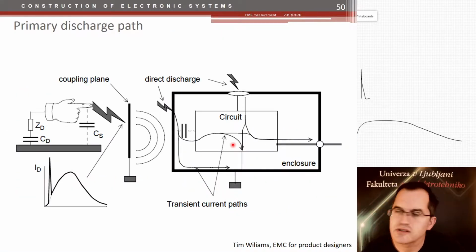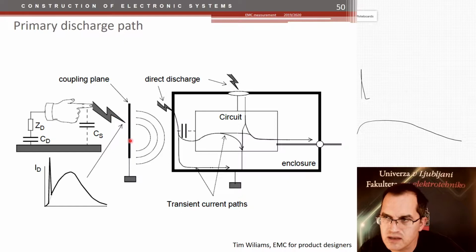And in electrostatic discharge, you can have primary discharge paths, which means that you have a discharge and a current that flows to the ground. The shape of the discharge pulse is like that. This is the spark, and this is then the conduction of the current.